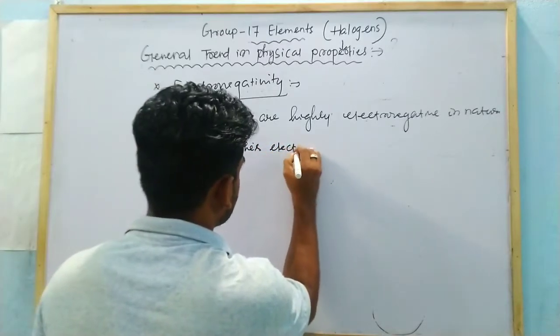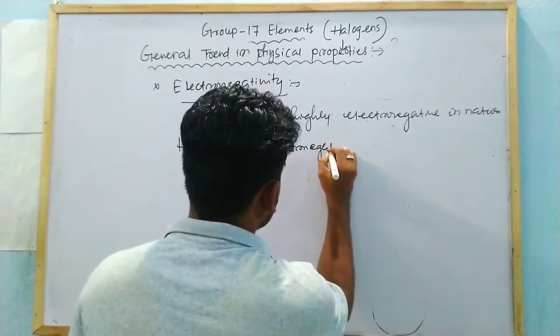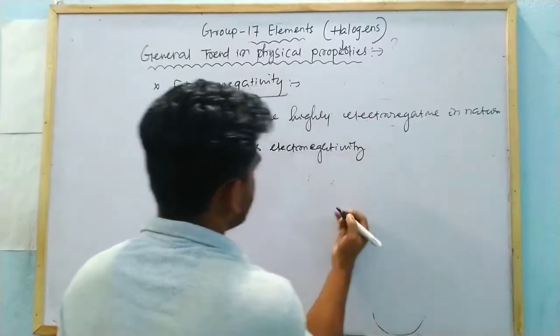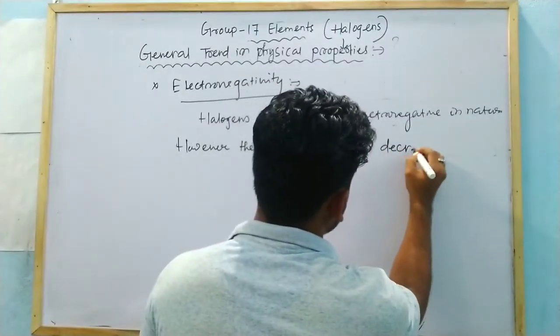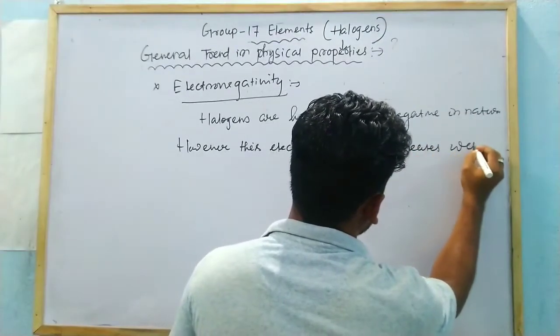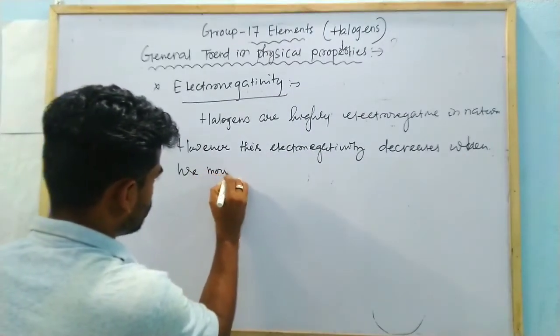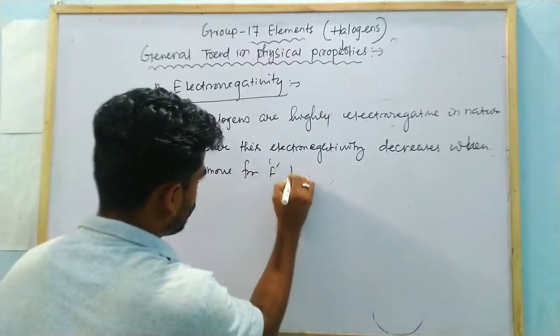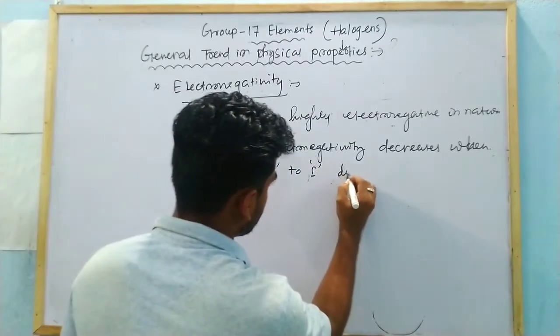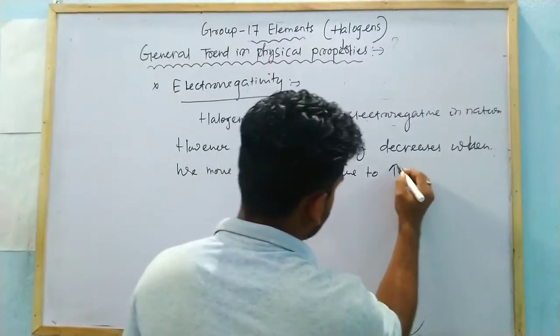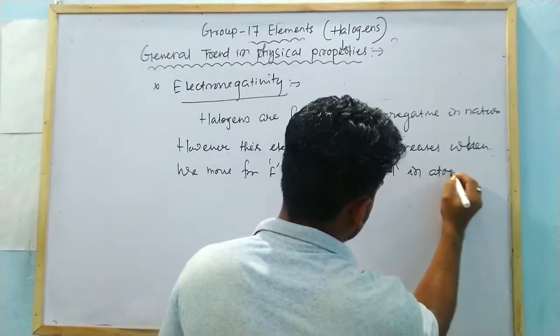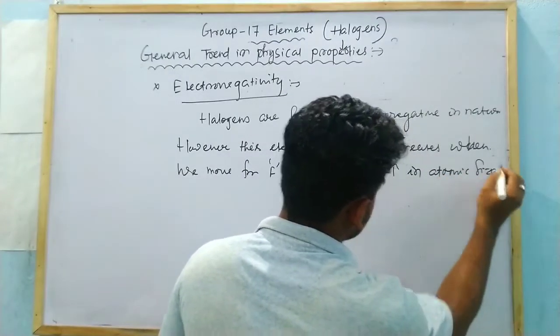However, this electronegativity decreases when we move from fluorine to iodine due to increase in atomic size.